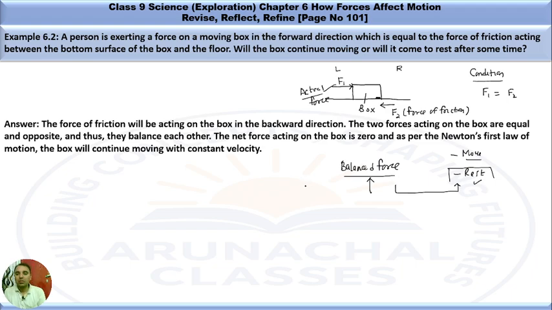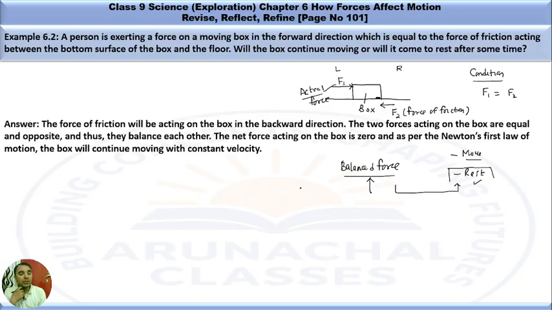And this is what is given in Newton's first law of motion, that a body or an object will be at rest, or in motion, and it continues to be in motion until and unless some external force acts upon the object.